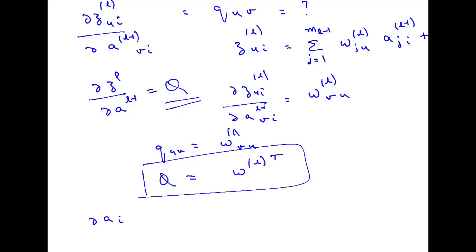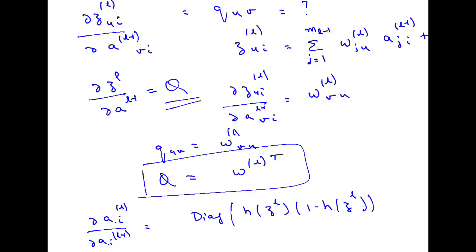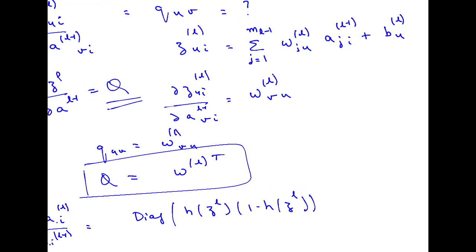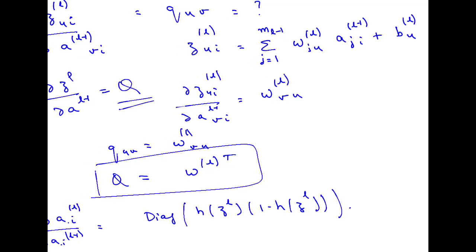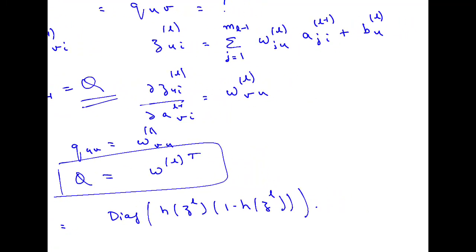It is diagonal of H of Z L times 1 minus H of Z L, times the derivative of Z with respect to A L, which is W L transpose. It really becomes simple. Just a matrix product. Okay?